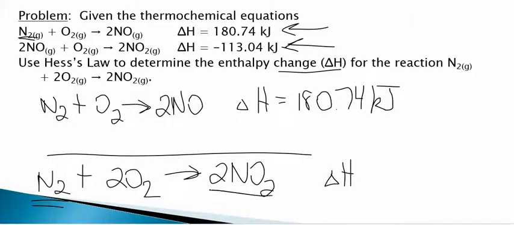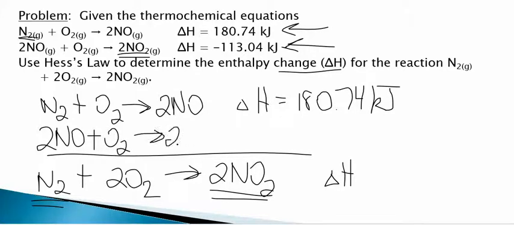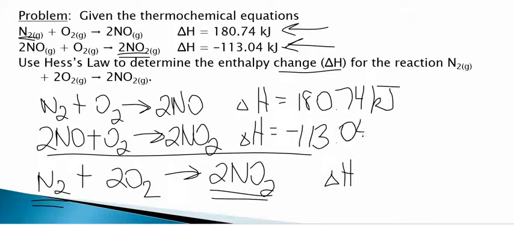And then I notice I have 2NO2 on the product side, and you go back up to my two example equations and I have 2NO2 on the product side. So I'm going to rewrite that equation as is. Delta H is negative 113.04. You'll notice that 2NO is a product in the first equation, but it's a reactant in the second equation.